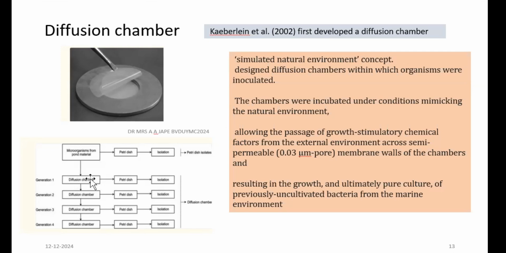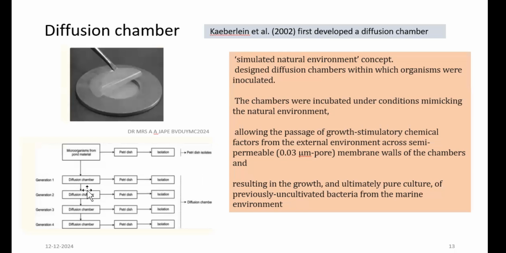From the diffusion chamber, if you see colonies, you transfer them onto a Petri plate and proceed for isolation. But at the same time, the diffusion chamber is not removed from its incubation conditions. It continues. So when you trap some of these isolates and transfer them to a Petri plate, you will get generation 1 isolates.